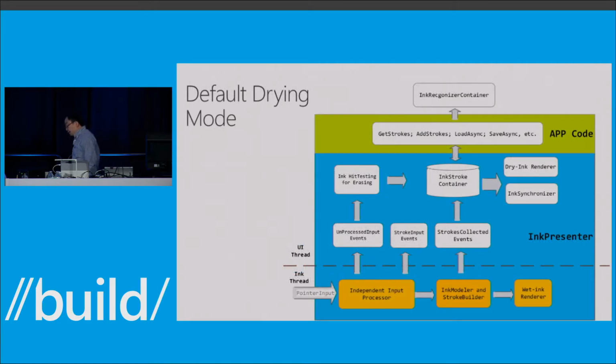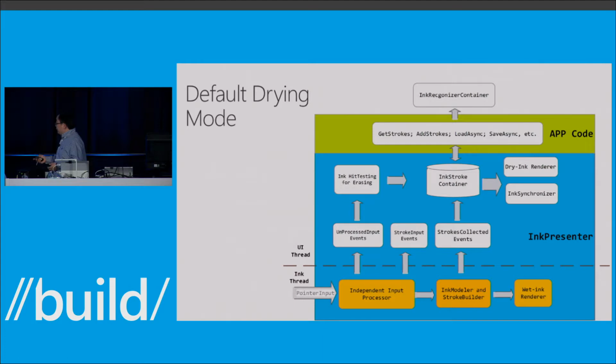Then you may wonder, from the application code point of view, what the difference is between the default mode and custom drawing mode. So here, refresh your memory of the default mode we talked about. Again, the application doesn't have to write a lot of code, and you mostly talk to the built-in InkStroke container.